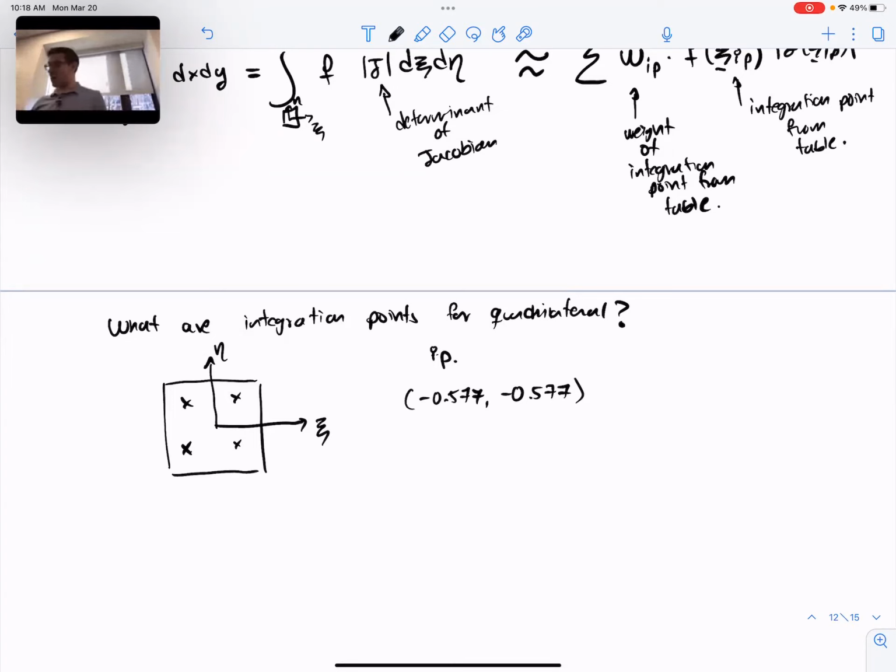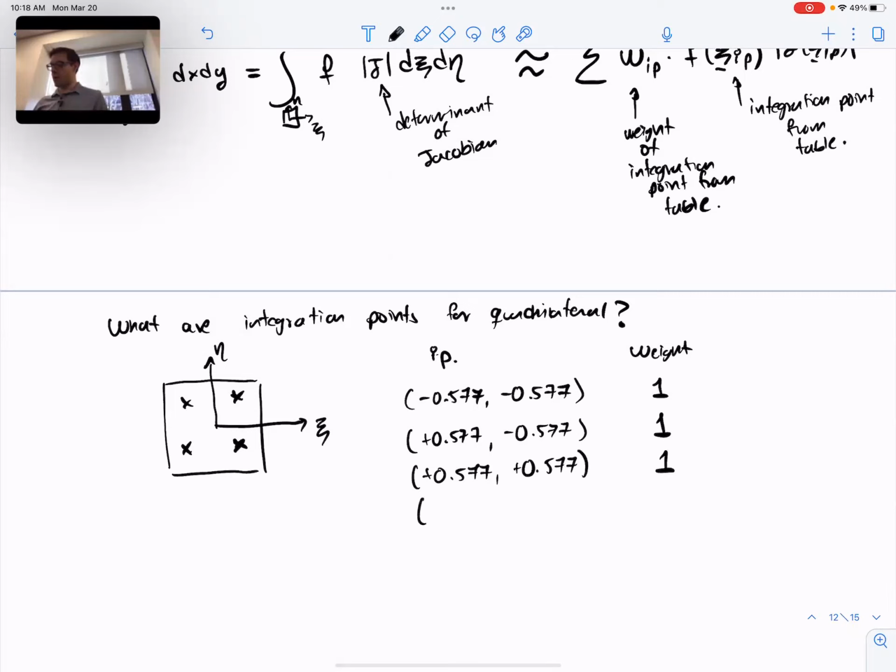The weight is 1. Then the second integration point is plus 0.577, minus 0.577. It also has weight 1. Then this one is plus plus. And the last one is minus plus. This is the 2-point Gauss rule. So this is 2 by 2 Gauss.